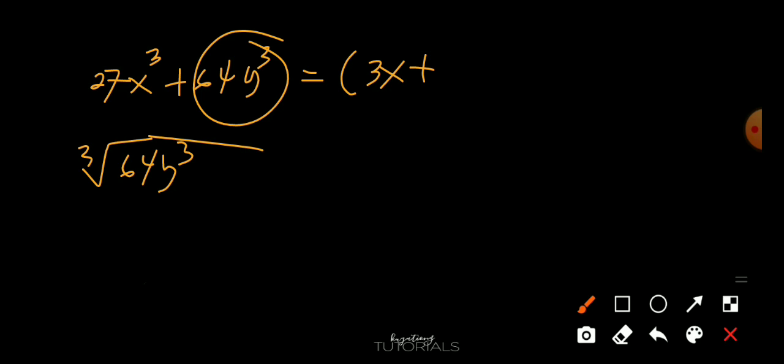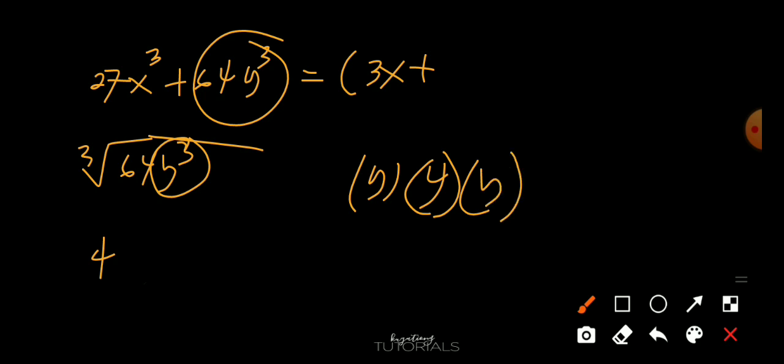Unsa may ang cube root or unsa mga number kung ato i-multiply katulong mo result of 64? We have 4. Diba? Kay 4 times 4, 16. 16 times 4, that is 64. How about y to the power of 3 or y cube? So, the answer is y. Kay y times y times y, that is y to the power of 3.